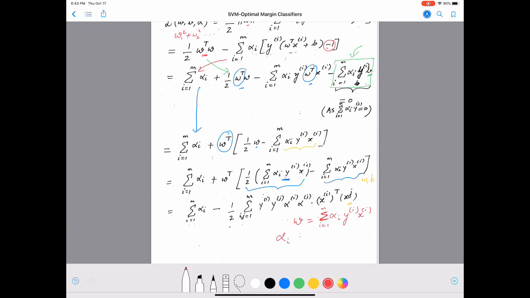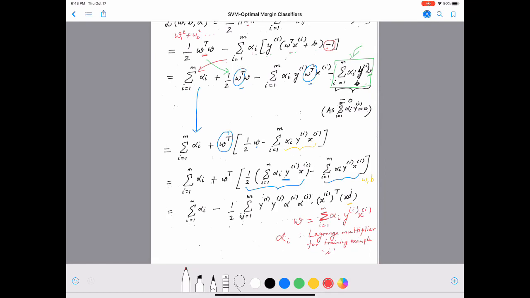Alpha i is the Lagrange multiplier for the constraint corresponding to training example i, right?